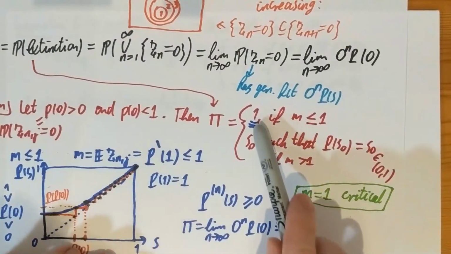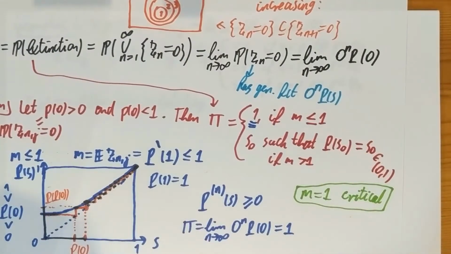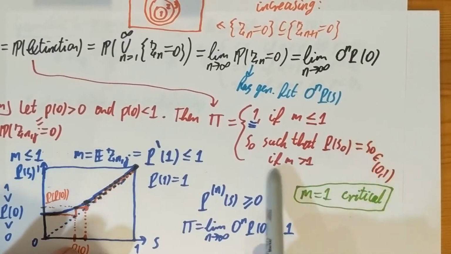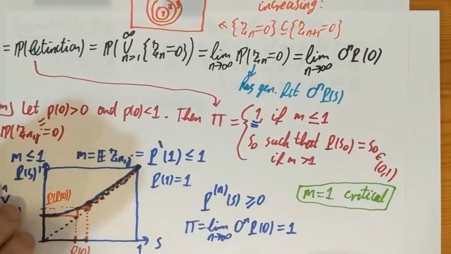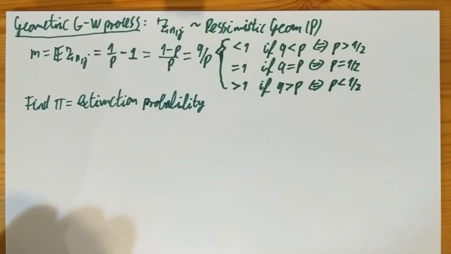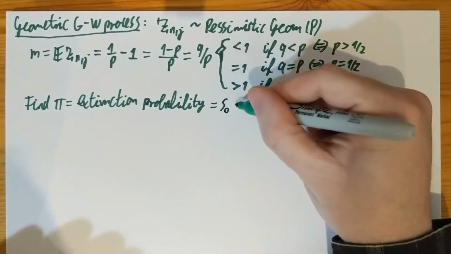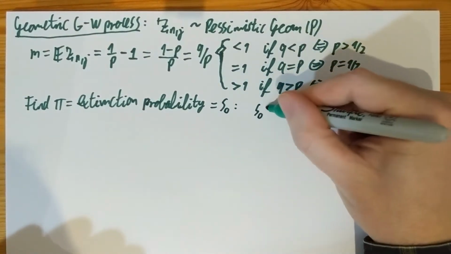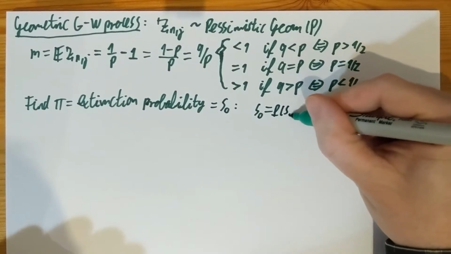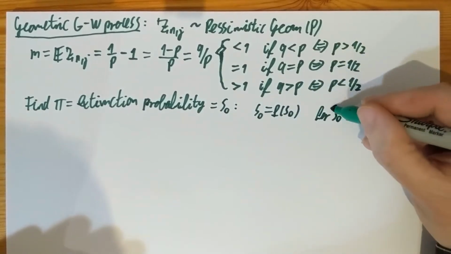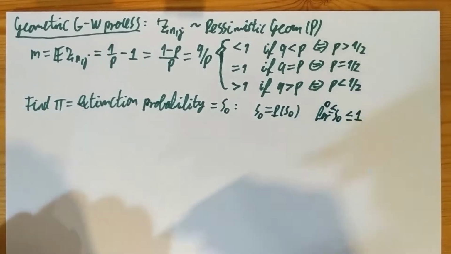It is going to be 1 if m is smaller or equal to 1, and it's going to be s naught in the interval 0, 1, being the fixed point of the generating function, if m is larger than 1. Okay? So we are looking for the fixed point of the generating function for s naught between 0 and 1.